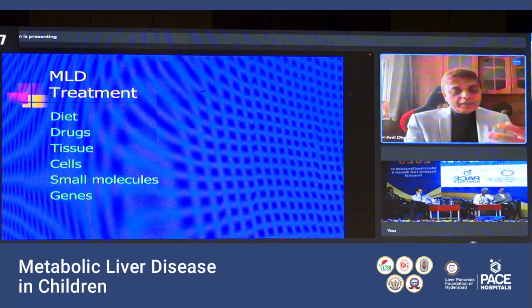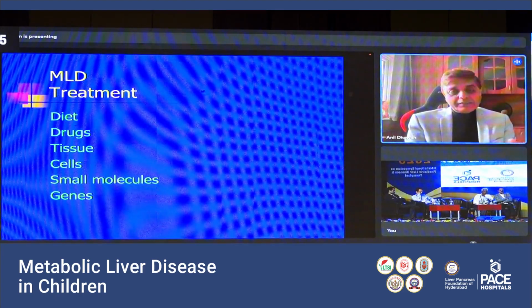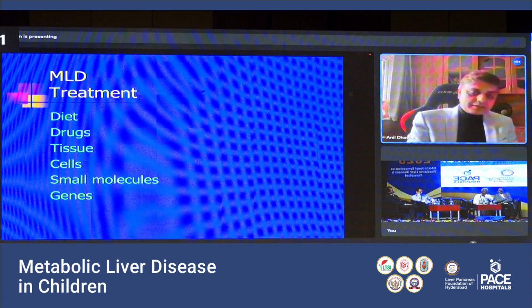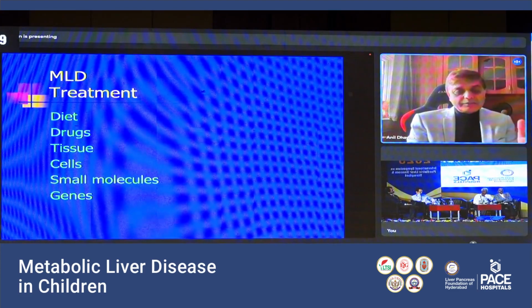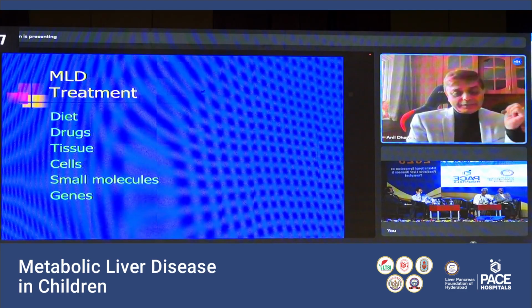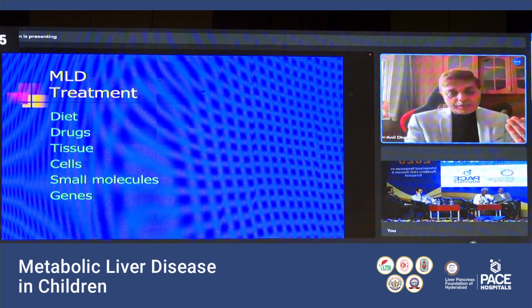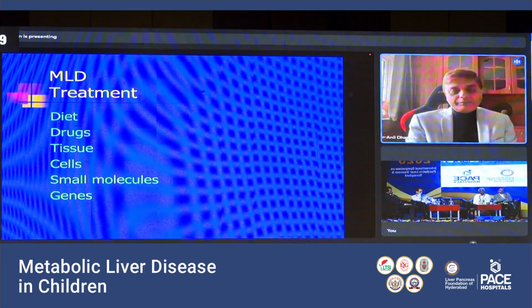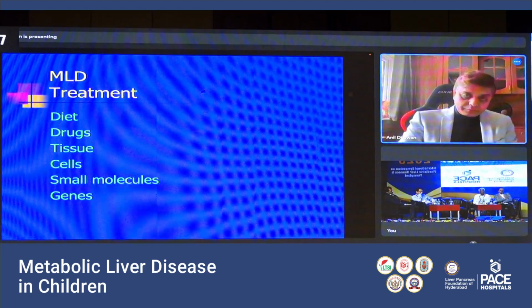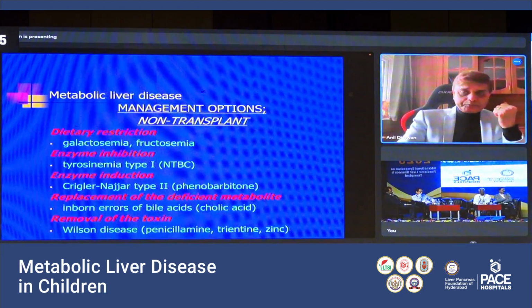You can use cells. So cells in this context in liver disease is hepatocytes. If it's diabetes, you can talk about islets, but in this context, we are talking hepatocytes. We'll briefly touch that. Small molecules, small RNA inhibitors are also coming into practice, and genetic therapies or gene therapies are also becoming increasingly available.